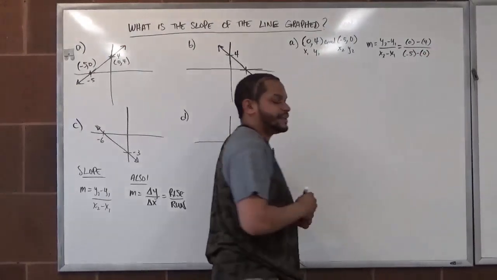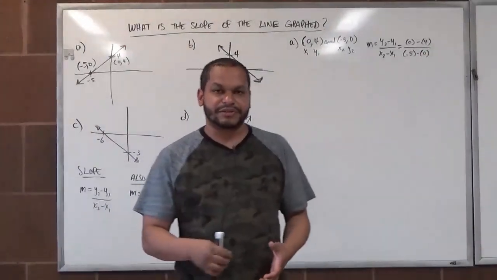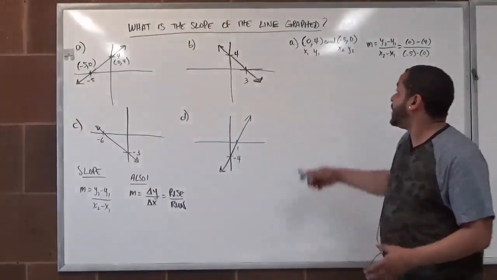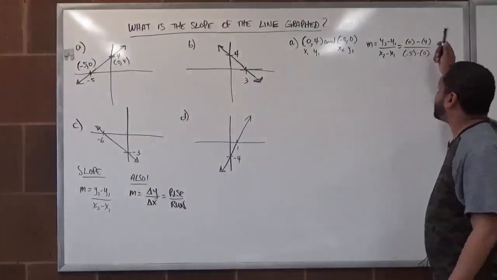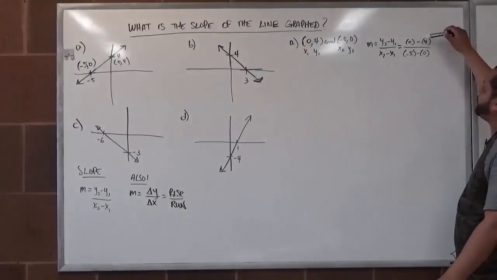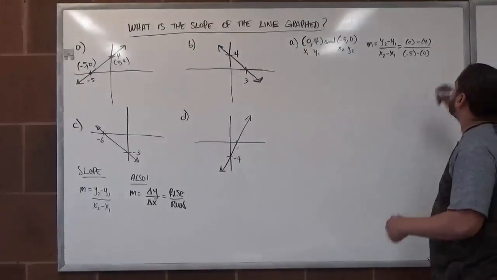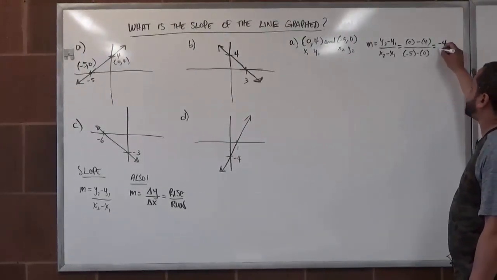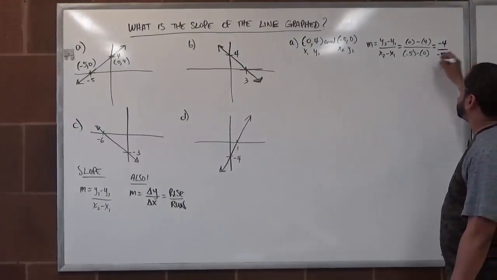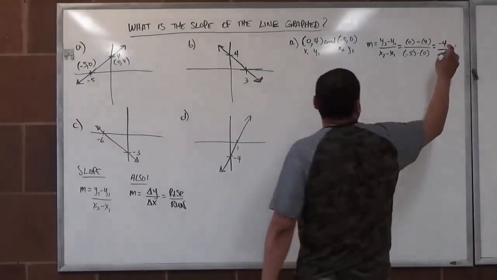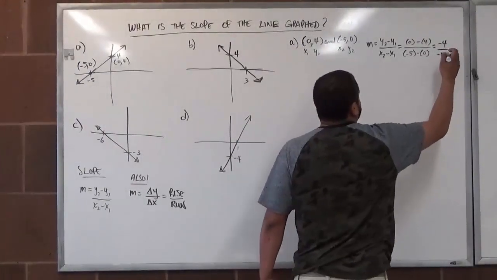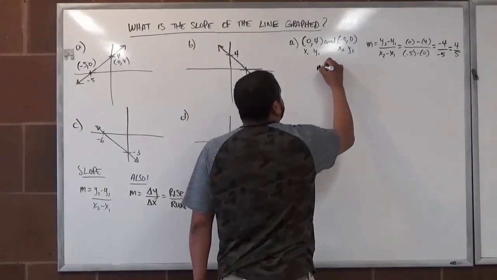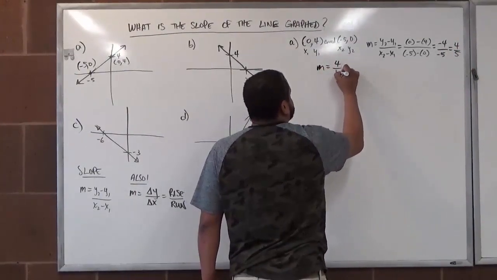These usually work very easily because you're using zeros as the corresponding pair for your intercepts. When we're subtracting with 0, it's really easy: 0 take away 4 is just negative 4, and negative 5 take away 0 is just negative 5. So the resulting slope becomes the quotient of negative 4 over negative 5, which is just positive 4 over 5.